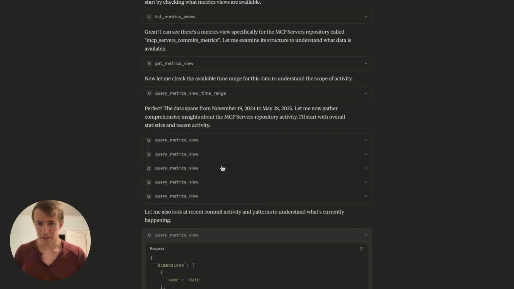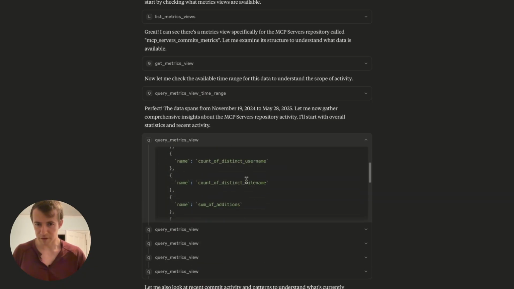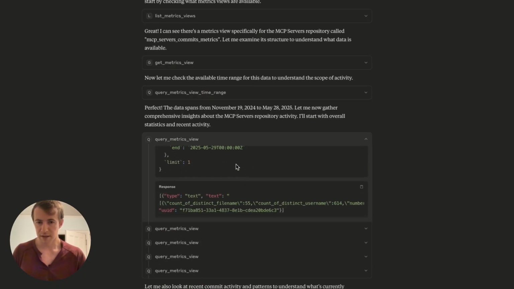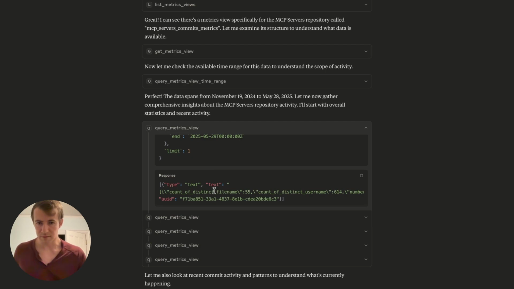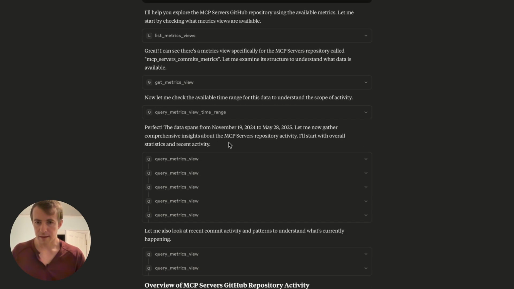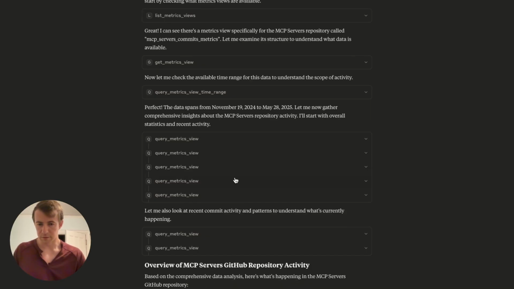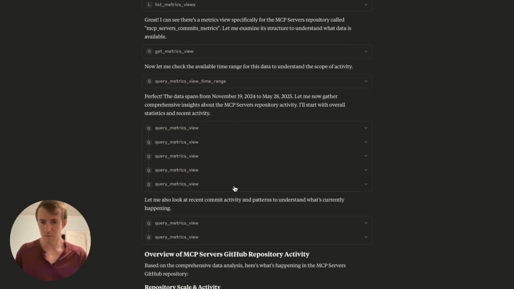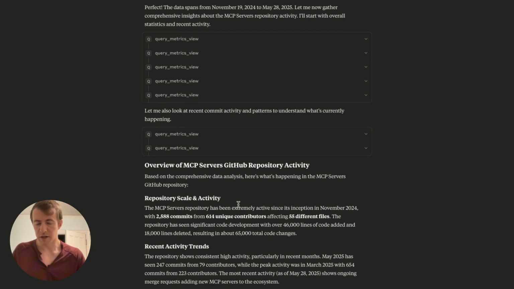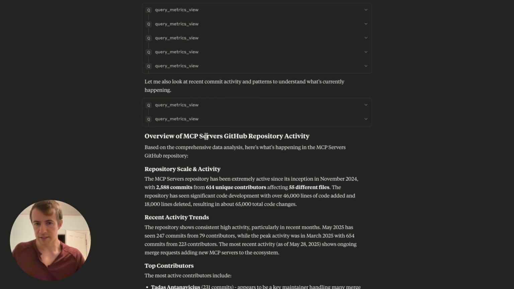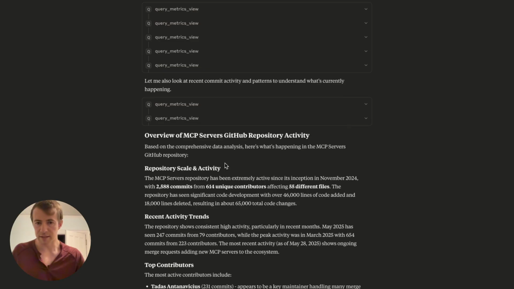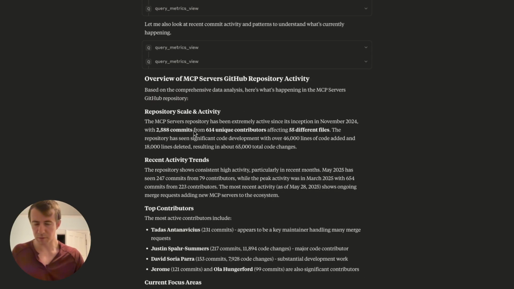So Claude is really going to town here, asking a bunch of different questions about the data set. We can audit the queries it's running and see the responses that are coming back. And we can really watch it work here. Okay, so it did its analysis and has a top level answer as to what's going on in this GitHub repo.